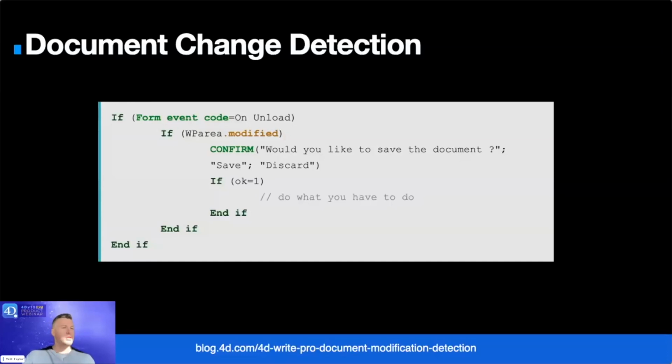So the new document.modified property will quickly detect changes inside a document so that you can perform the actions accordingly, either transparently by doing automatic saves, or by having a pop-up saying, hey, do you want to save now? Very cool.